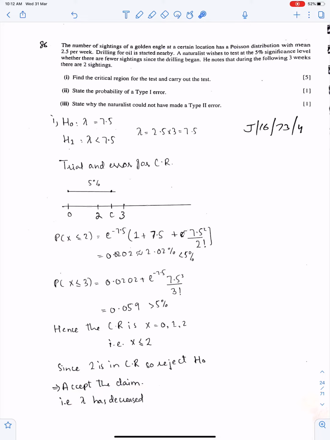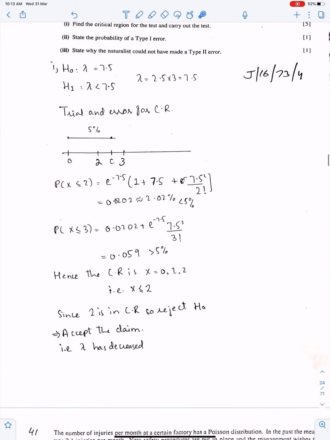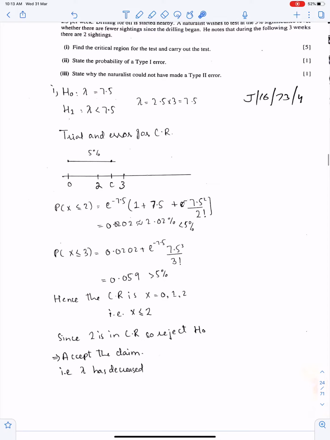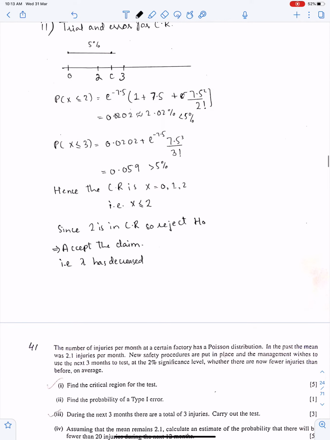State why the naturalist could not have made a type 2 error, because H0 was rejected. When H0 is rejected, then type 2 error cannot be made. Part 3. Let me just give numbers. This is part 2 and part 3 is here.